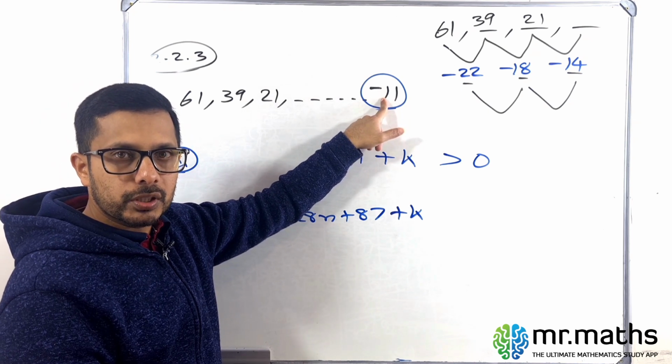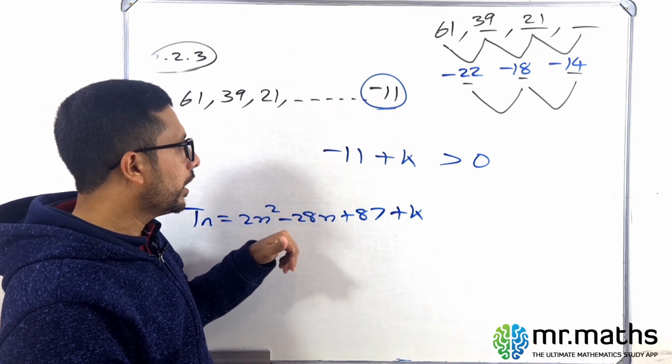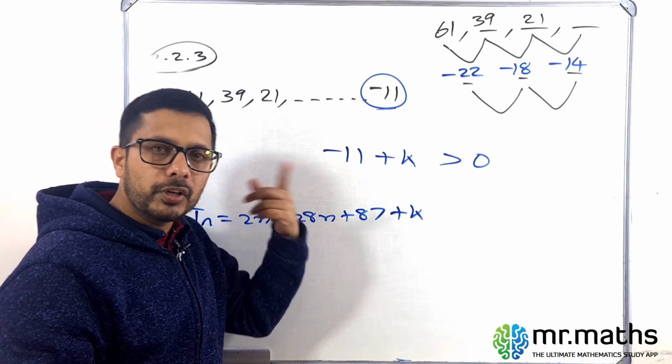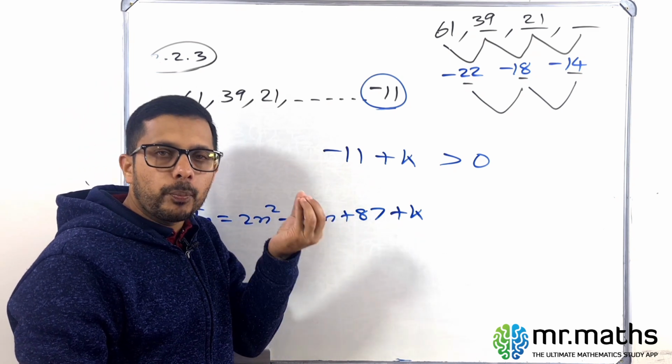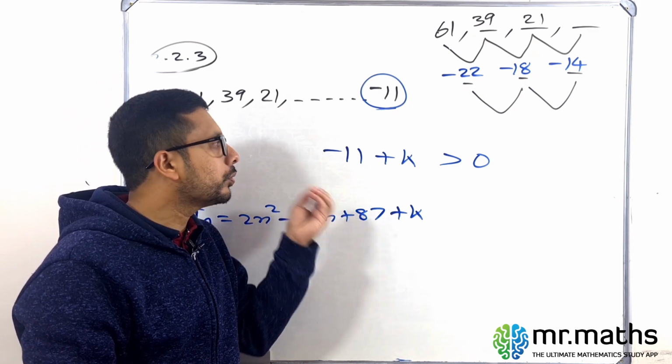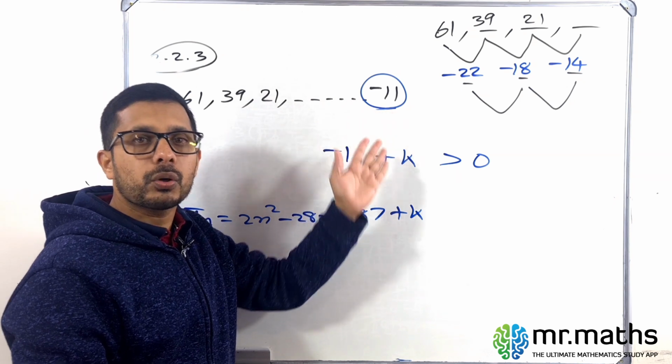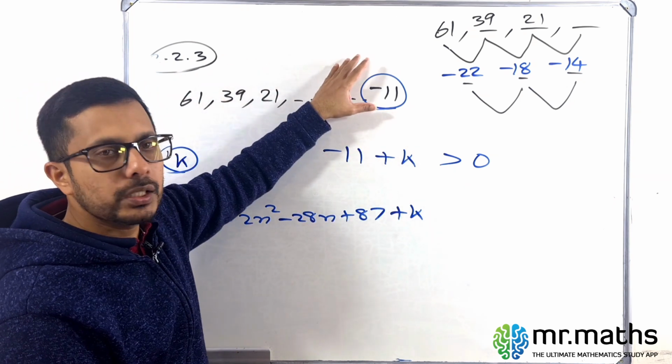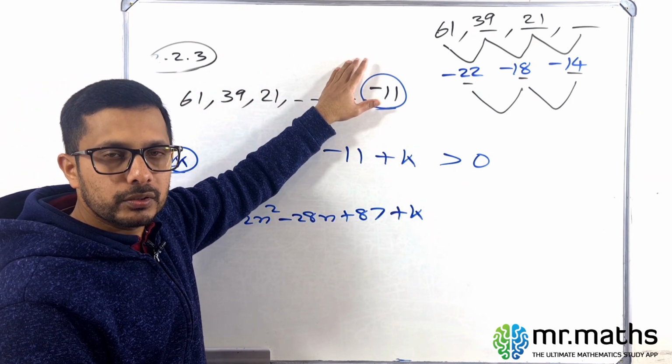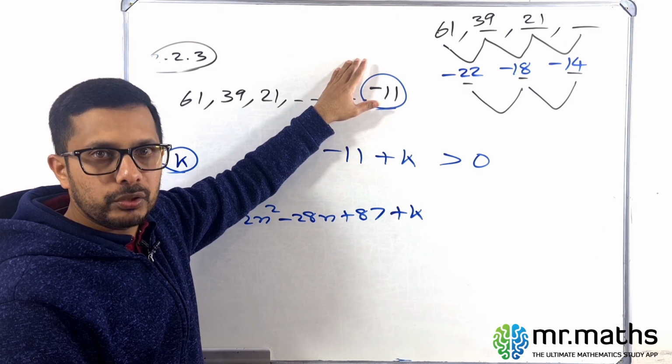In this question, we have to add a constant number k to this one, so that all the terms in this series are positive. You understand? So what is the value of k you have to add?